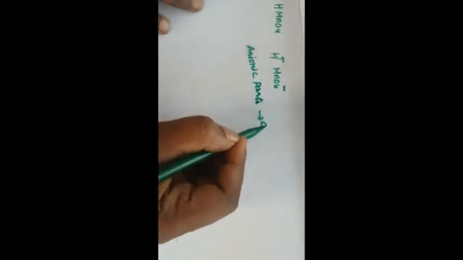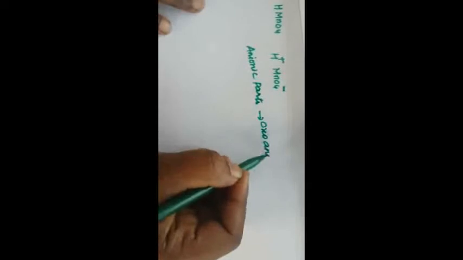These anionic parts are called oxoanions.